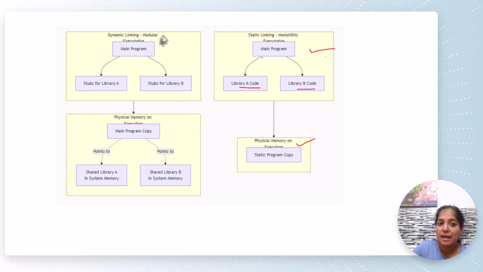Whereas in dynamic linking, we execute the program modularly and wait until a module is needed, and only then is it loaded into the main memory. So the main memory copy points to shared memory A in system memory and to shared memory B in system memory. We just take a reference here, we do not copy the whole program.